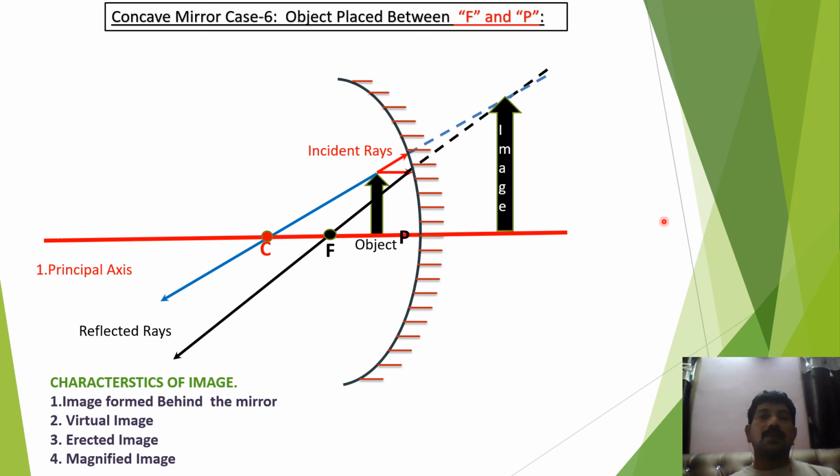I think this animation is the easiest way to remember how to draw the ray diagrams for different positions of the object in front of the concave mirror on the principal axis. Are you clear about that one, children? I hope you understand. So don't panic while drawing the ray diagrams. So enjoy the learning.